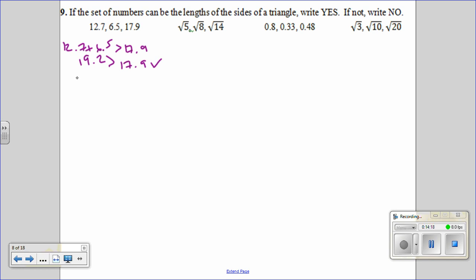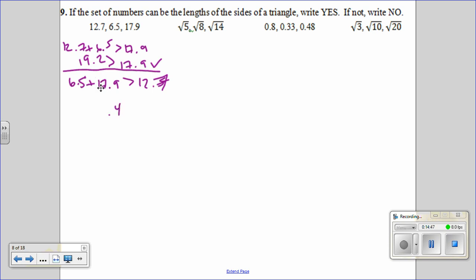So let's try 6.5 plus 17.9, and it has to be greater than 12.7. 6.5 and 17.9 would give me a 0.4 for sure.